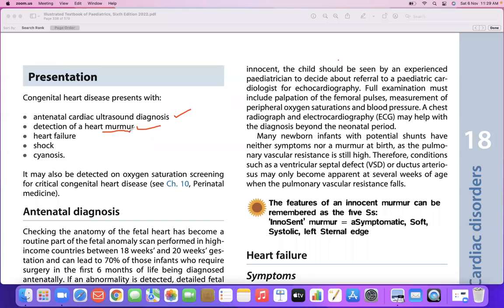Those which are not critical can present to you at any time as an accidental diagnosis, as an accidental finding. So detection of a heart murmur, then they can present with heart failure, as a collapsed and shocked neonate, and as a cyanotic neonate as well.